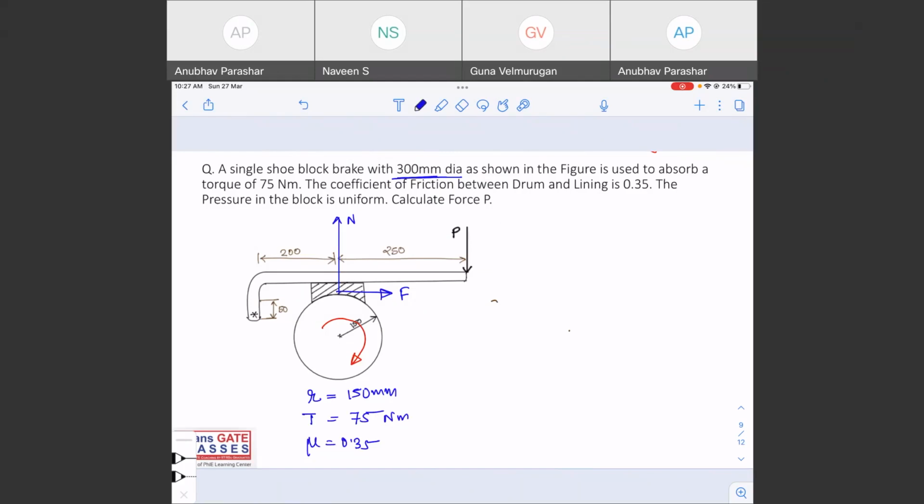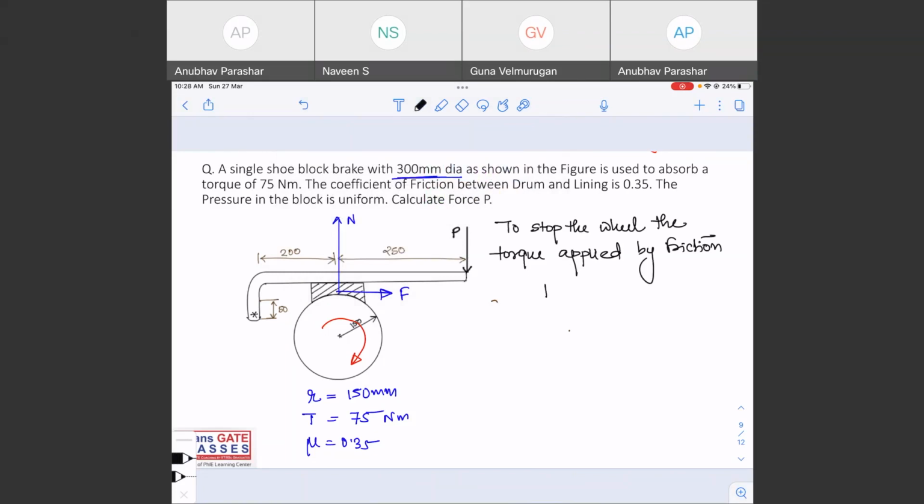So torque is given, so we know the torque. The torque will be applied on the wheel, right? To stop the wheel, the torque applied by friction will be how much?